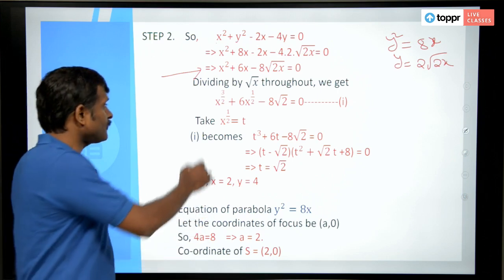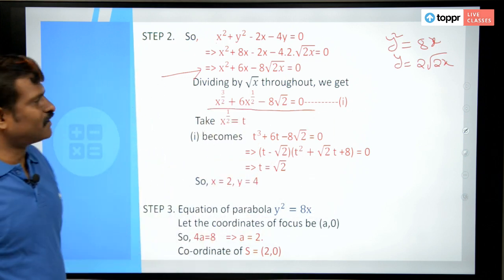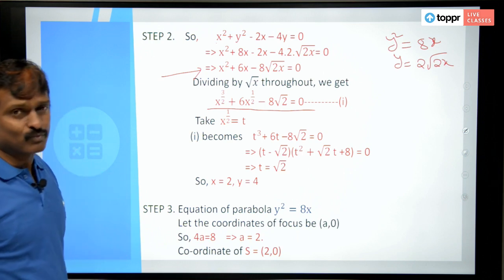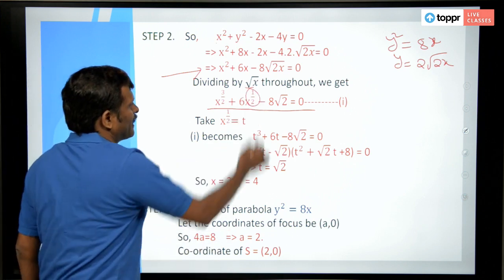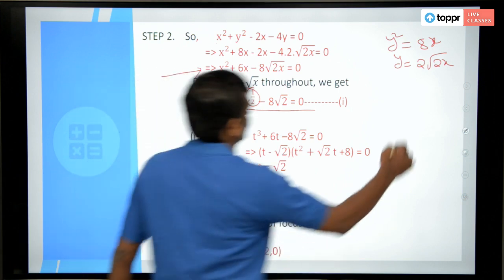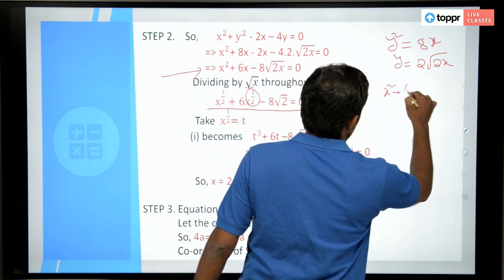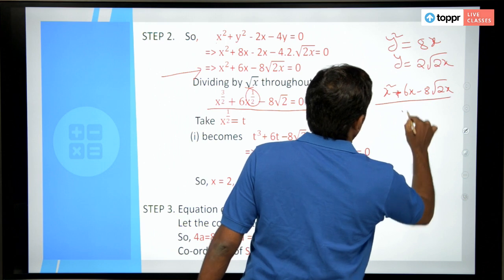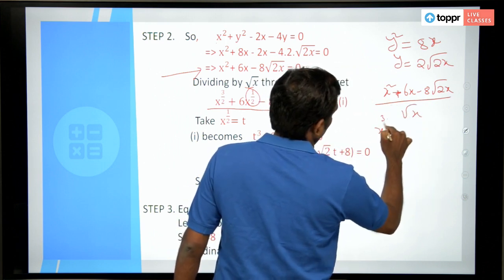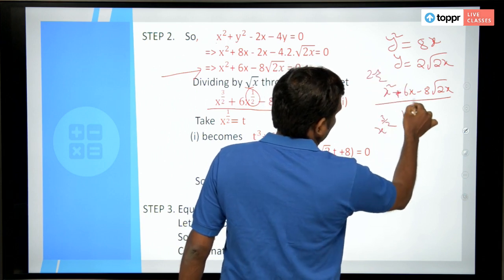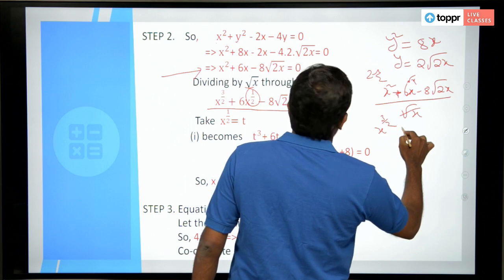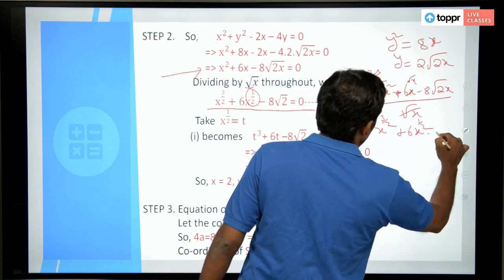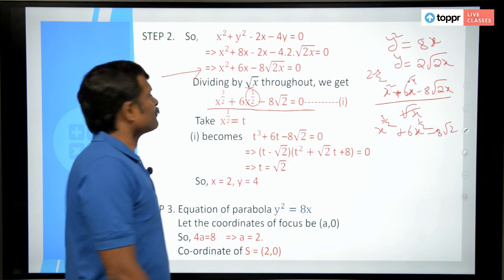When I divide, I get x power 3 by 2, because 2 minus 1 by 2 is 3 by 2. That is simple subtraction. So x square plus 6x minus 8 root 2 root x, divided by root x, gives x power 3 by 2 plus 6 times x power half, and root x gets cancelled, so you get minus 8 root 2. That is what you are going to get.